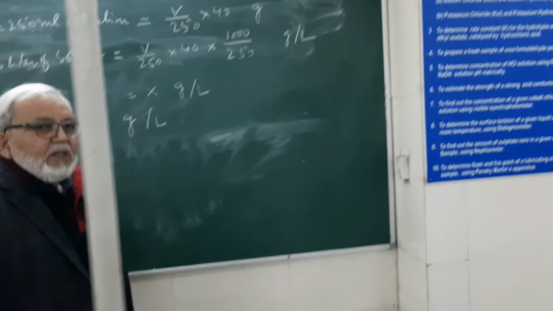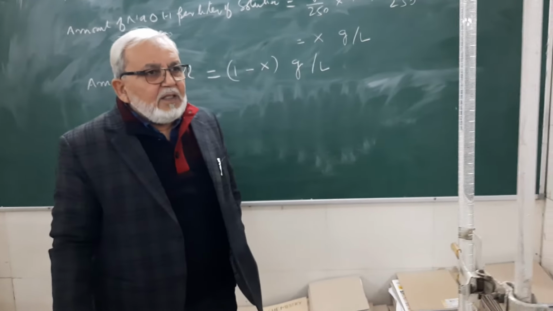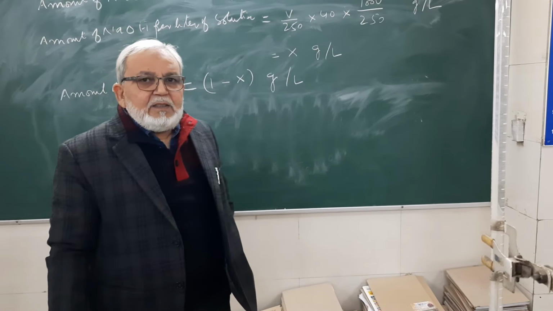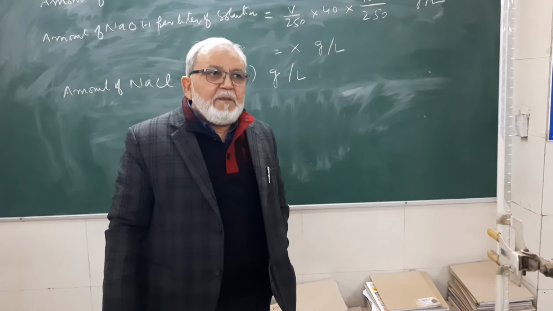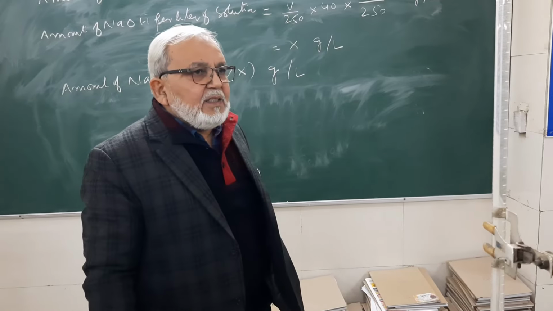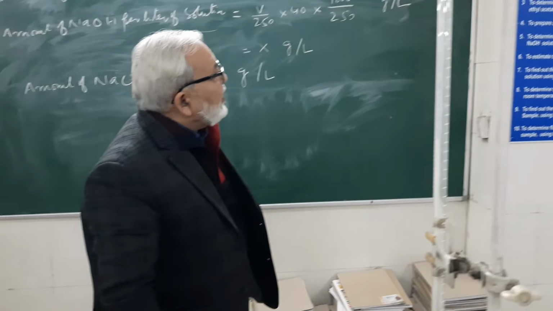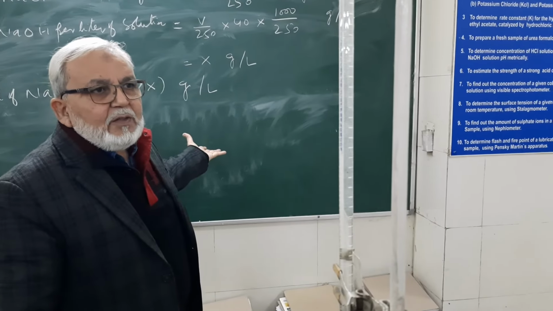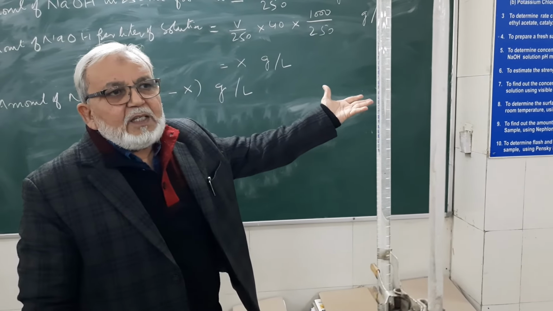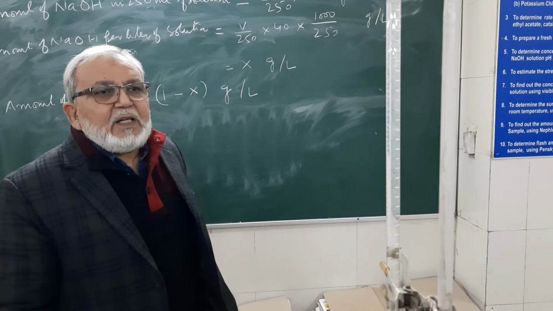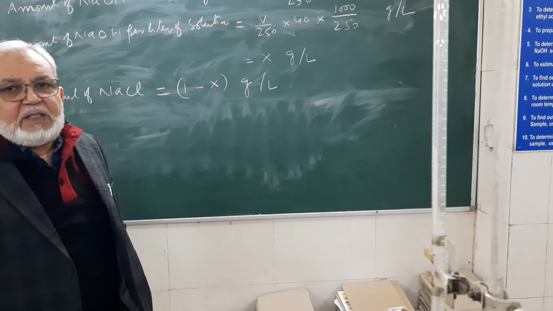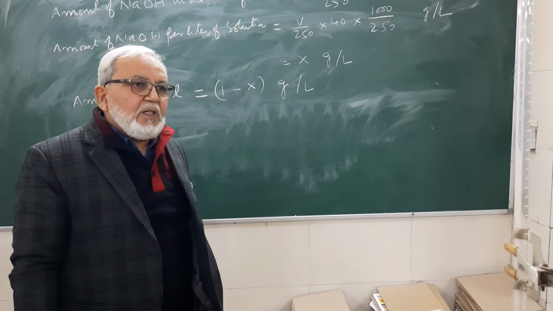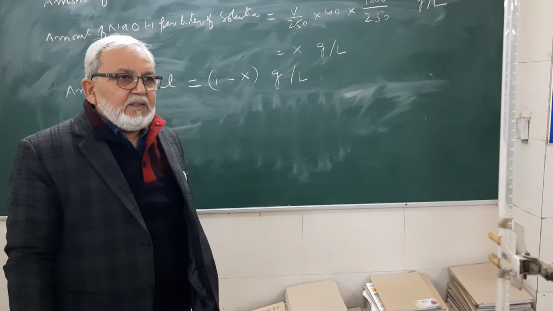This B part of the experiment can also be done by the same procedure, and the calculation will also be in the same way, only we will be using the equivalent weight of potassium hydroxide in place of the equivalent weight of sodium hydroxide. Okay, thank you.